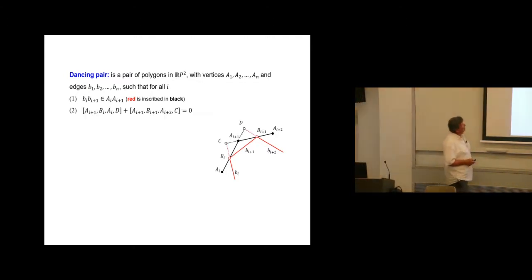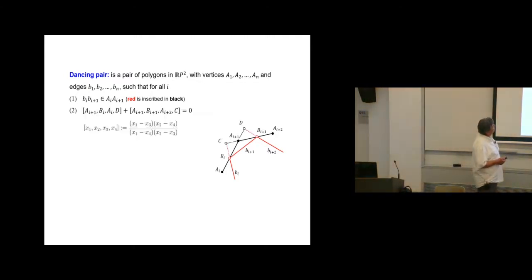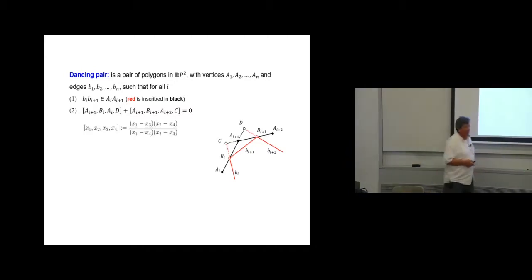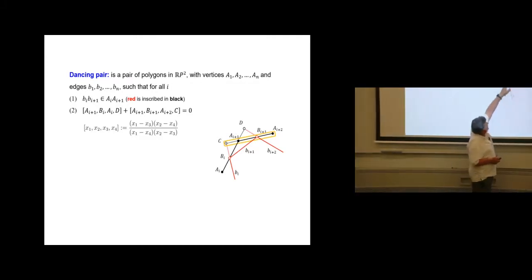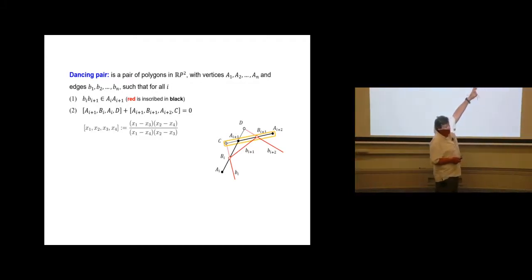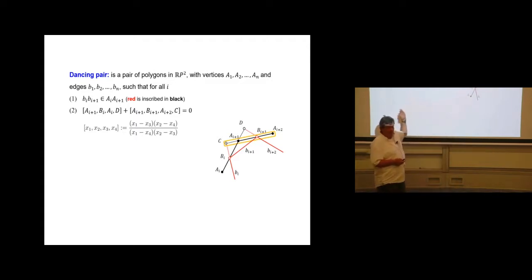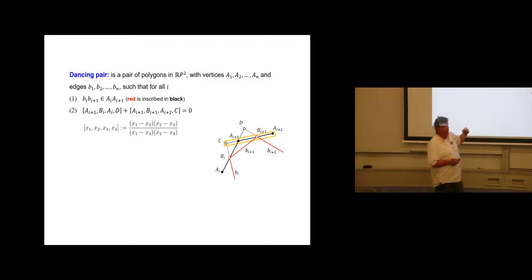The second one is this equality of cross ratios. There are several ways to define cross ratios; here's the one we use. We apply this second equation at each of the n vertices of the black polygon, the first polygon.